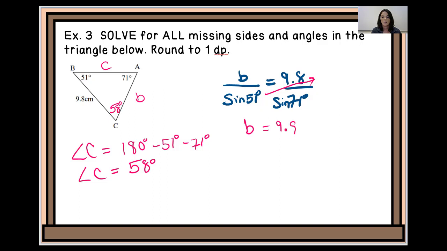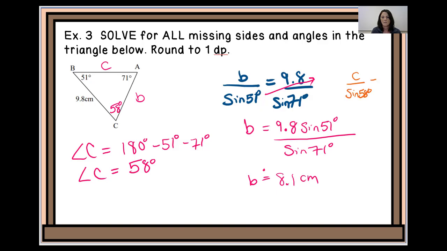So B is equal to 9.8 sine 51 degrees divided by sine 71 degrees. Okay, go ahead, plug that into your calculator, and we're going to round to 1 decimal point if necessary. So B is equal to approximately 8.1 centimeters. Okay, next we're going to find side length C. So for side length C, C divided by sine 58 degrees is equal to, again, I'm going to use the same ratio, the 9.8 over sine 71.